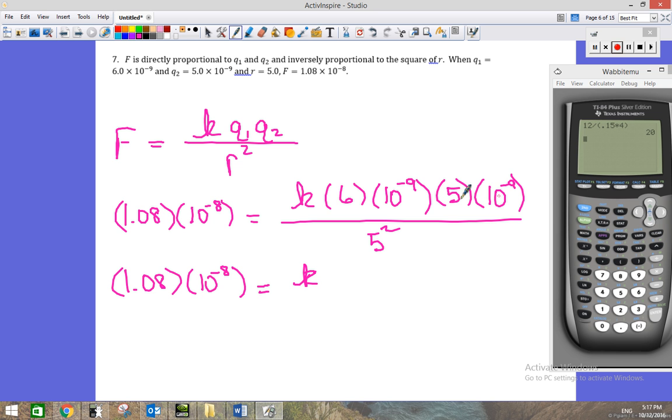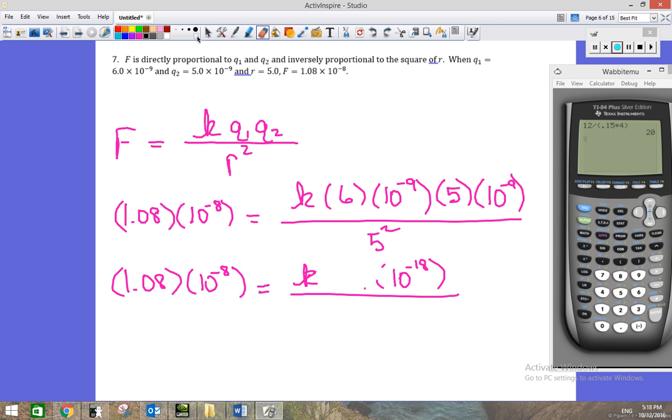I can multiply these in any order, so I'm going to multiply 6 times 5, and 6 times 5 is 30. And since these have the same base, all I have to do is add the exponents. So negative 9 plus a negative 9 is a negative 18. 5 squared is 25. But I notice that I could have reduced that, so let's back up a second.